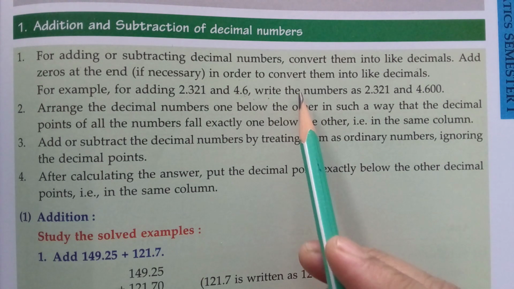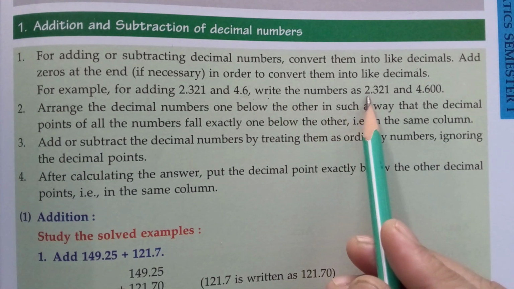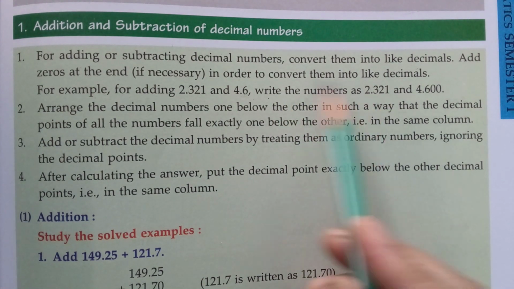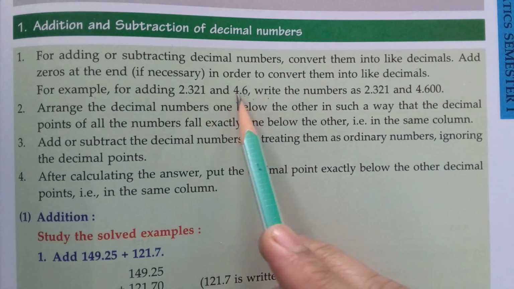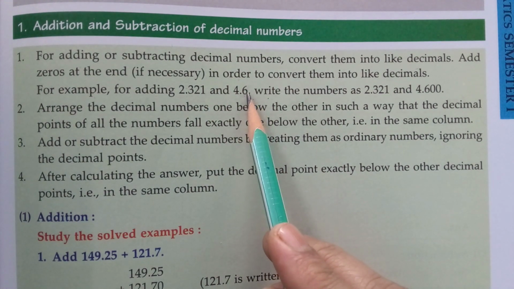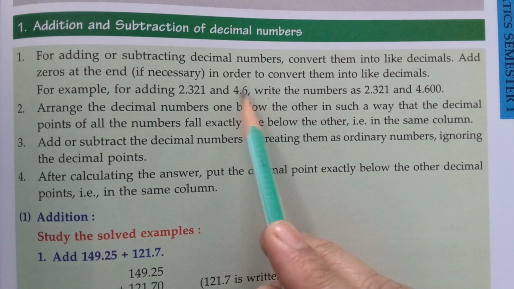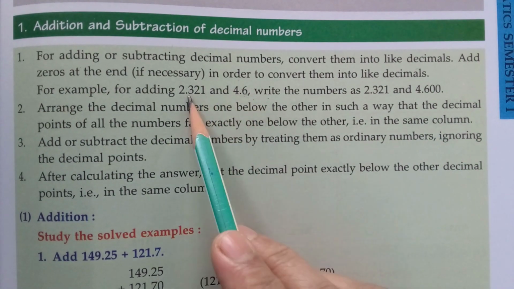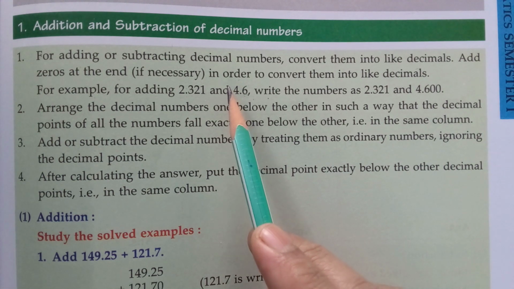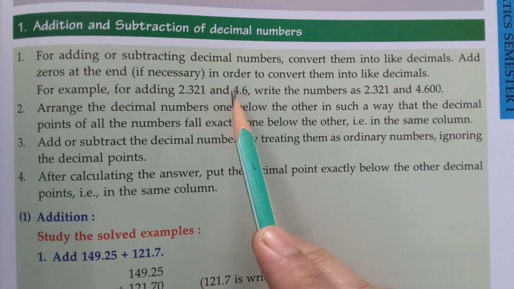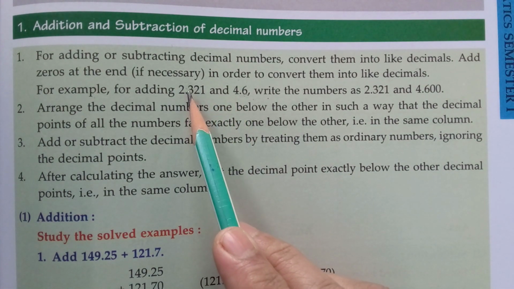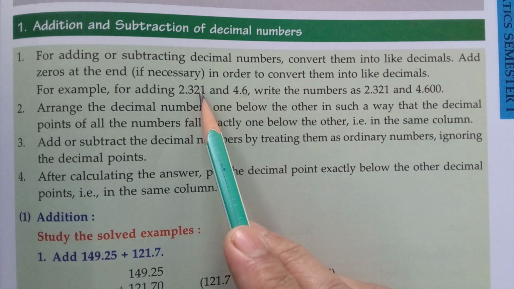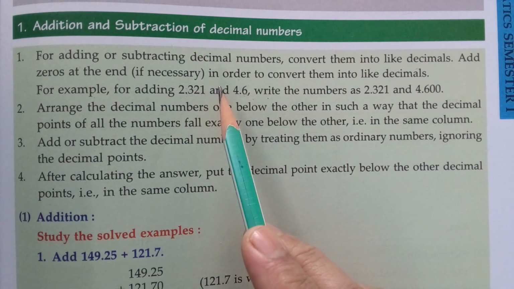See, we can add zeros. So, write the numbers as 2.321. This number you write as itself, and in this number only one digit is there after the decimal point. So, we need 2 more digits to make it like decimal. Both the decimals should have what? An equal number of digits after the decimal point.